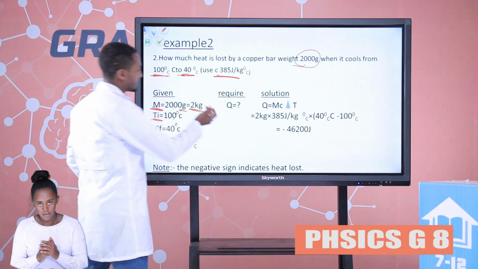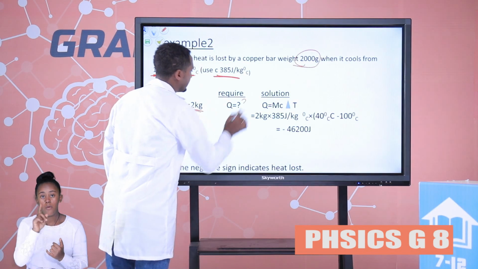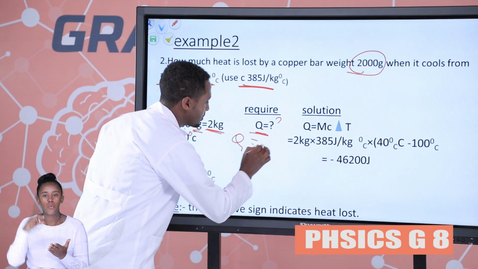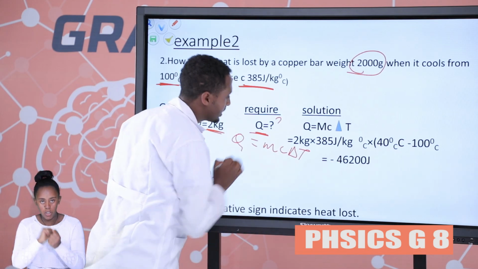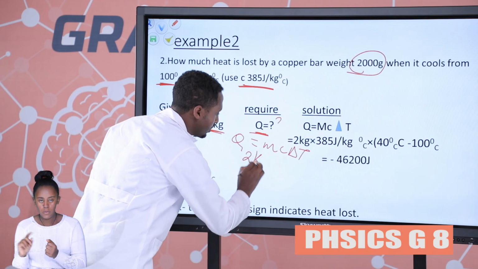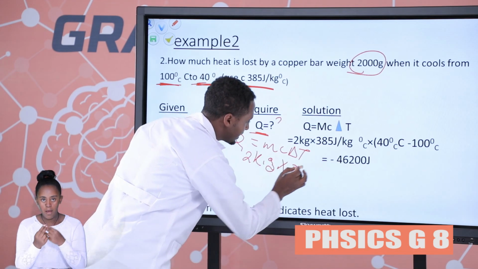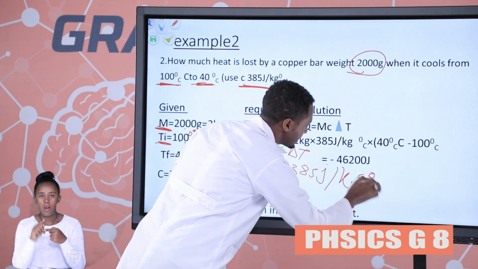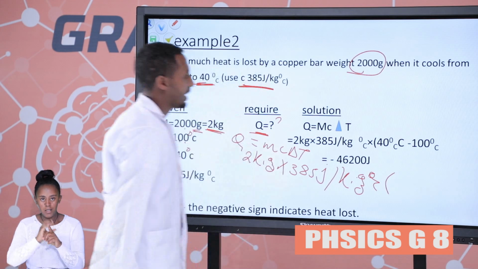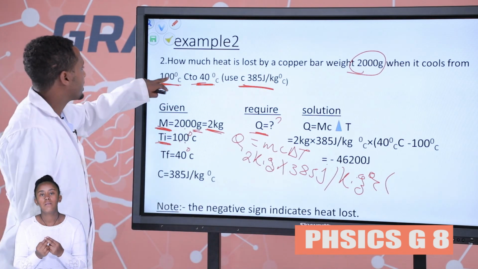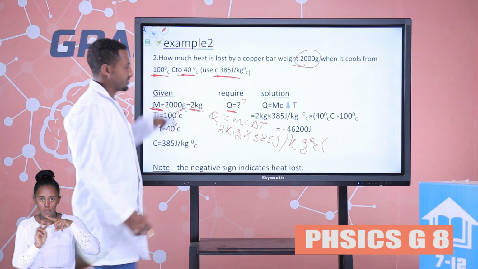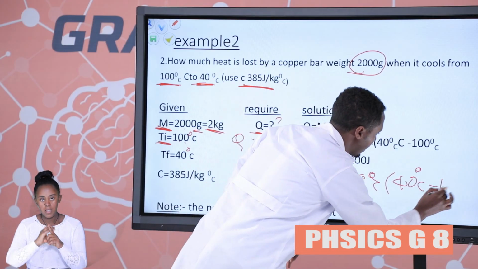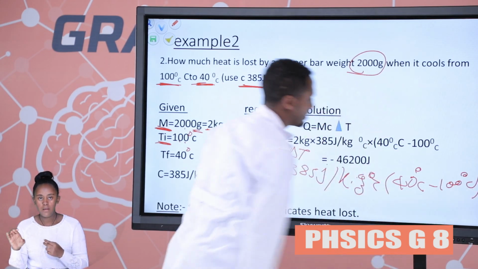Now the required is Q. So Q is equal to MC change of T, 2 kilogram times 385 joule per kilogram degree Celsius times the final 40 degree Celsius minus 100 degree Celsius.